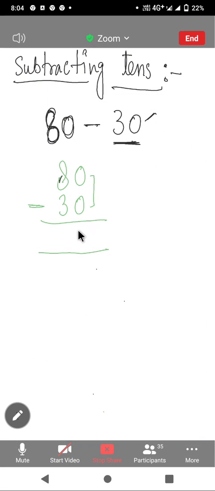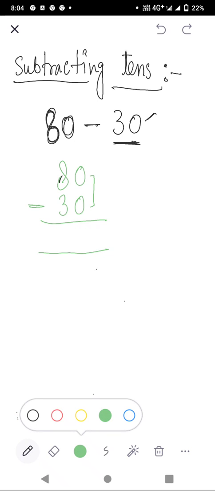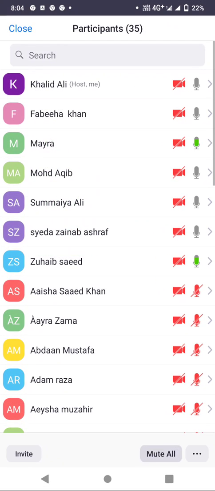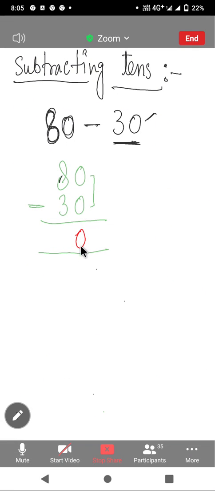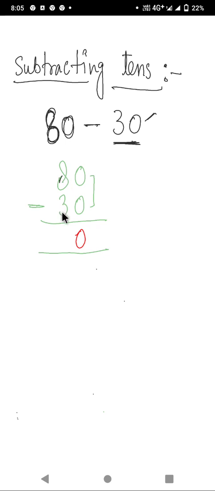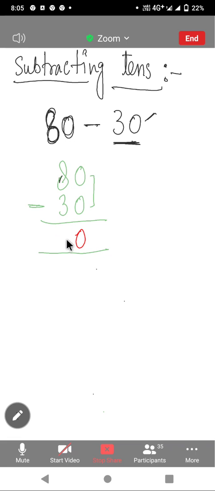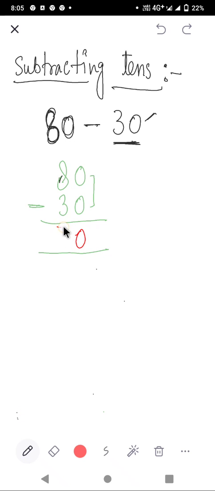Yes, students? 0. Very good. 8 minus 3? Yes, 0 minus 0 is 0. We will write 0 at ones place. 8 minus 3 is 5. So 5 we will write at tens place. So 80 minus 30 is equals to 50.